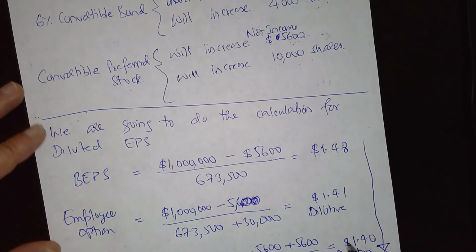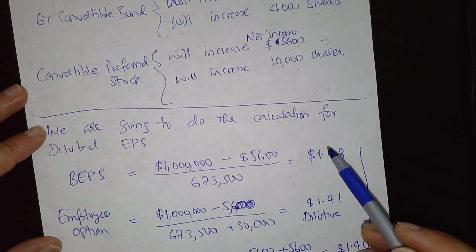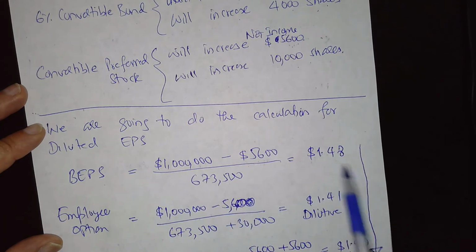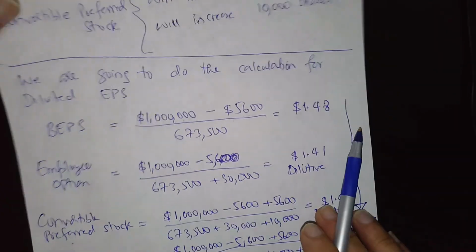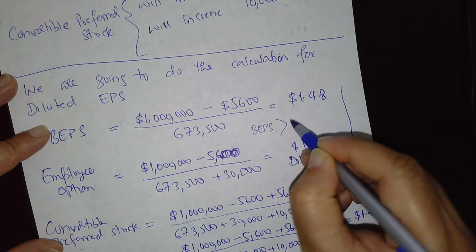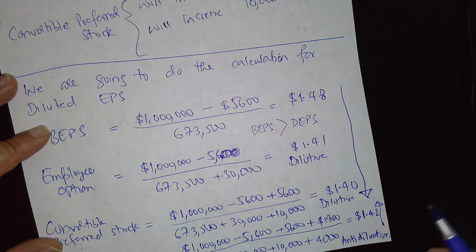So we are going to do the calculation for diluted earnings per share. So basic earnings per share, let's calculate: 1 million minus 5,600 divided by 673,500, you get $1.48. So that's the basic. Always remember that basic earnings per share is always greater than diluted earnings per share.